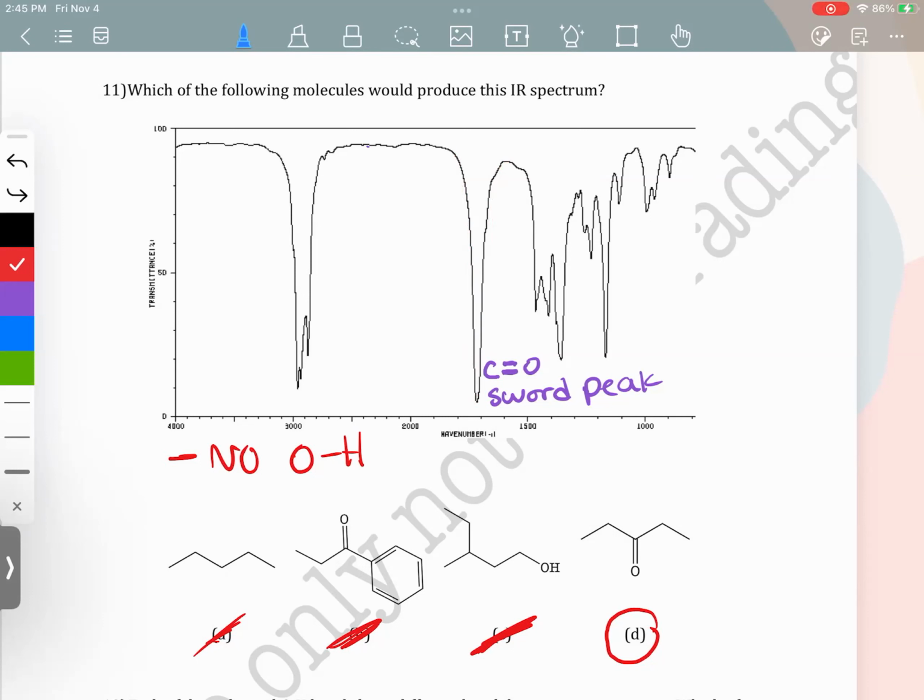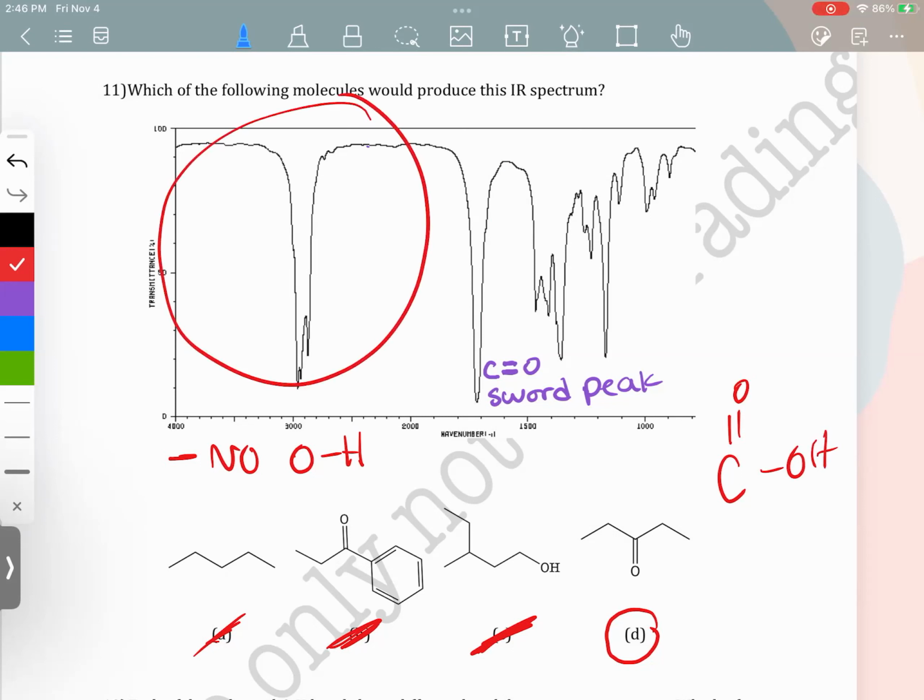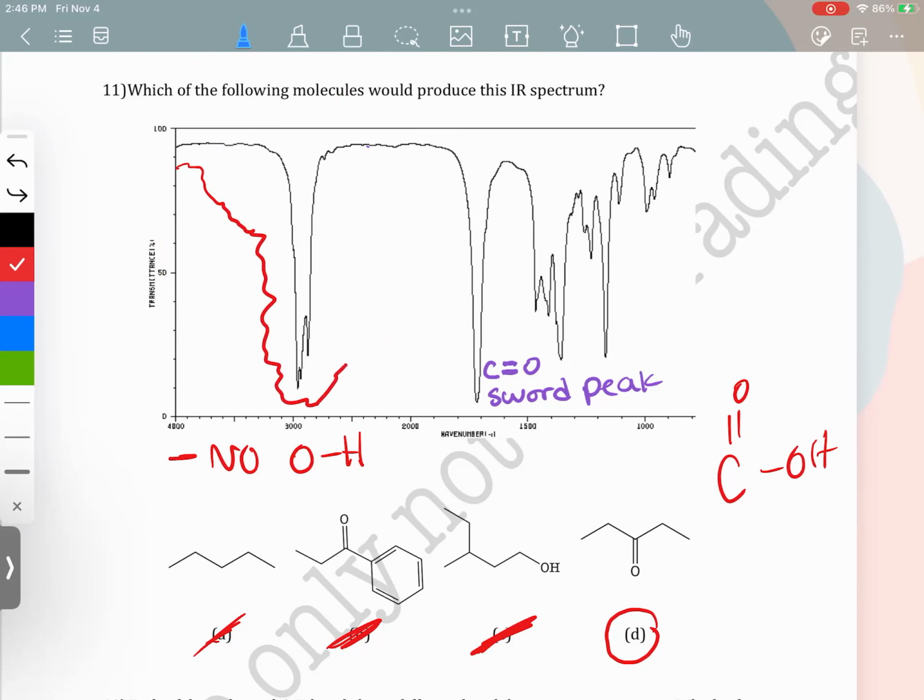If you have a carboxylic acid, in the beginning region here you have this weird beard. It goes like this, comes down, and goes again. That's a beard, and it represents a carboxylic acid. I would advise you to memorize those characteristics because those are what he'll mostly ask you for, since they're easier to spot.